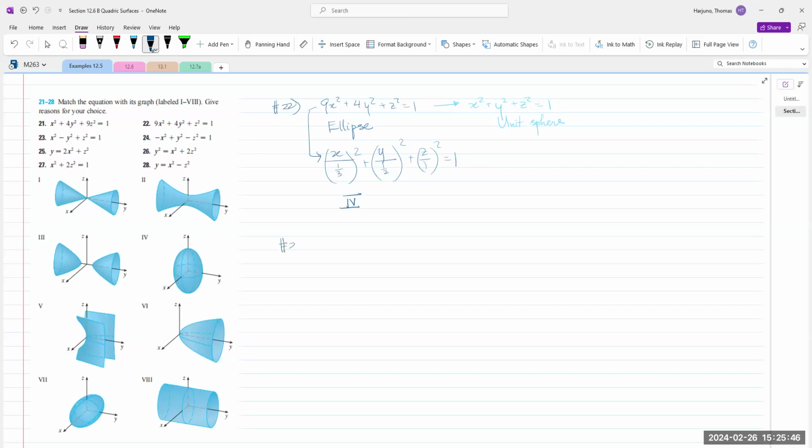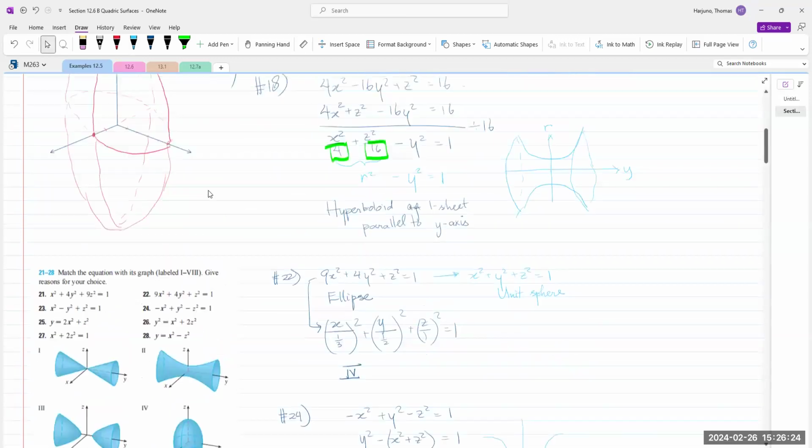Number 24, negative x squared plus y squared minus z squared equals 1. That's y squared minus x squared plus z squared equals 1. But if we see this as our r here, it means, yeah, it will open this way, huh? Is it right?